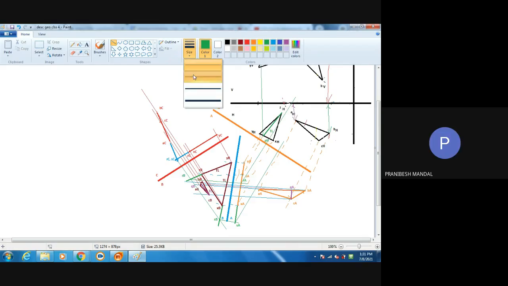So extend YZ again. Okay. And S point is on extended XY.